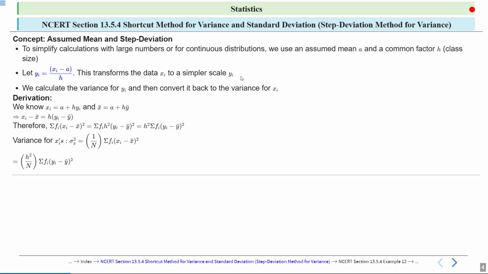Now substituting in, we get sigma x squared equal to h square divided by n times sum of fi times (yi minus y bar) whole squared.